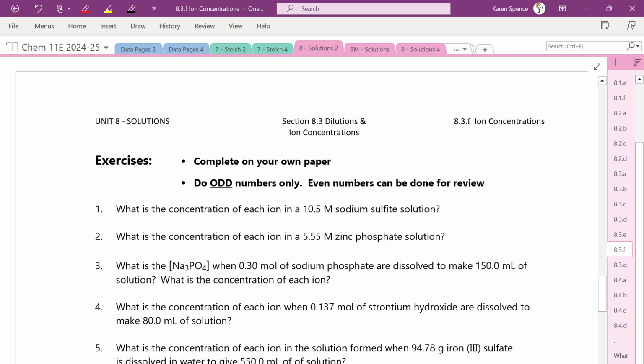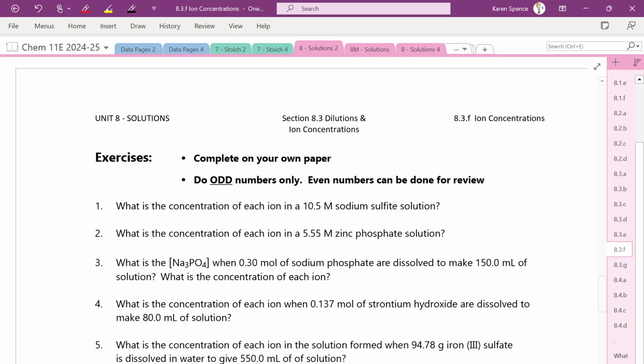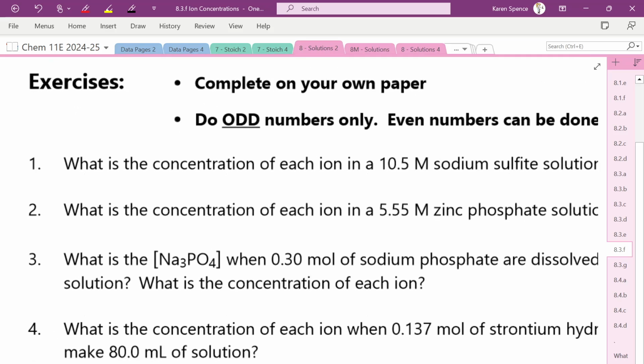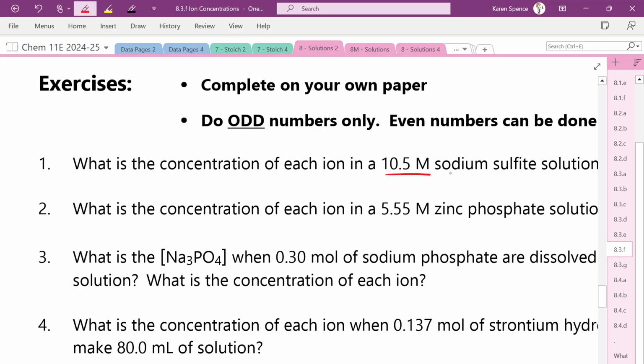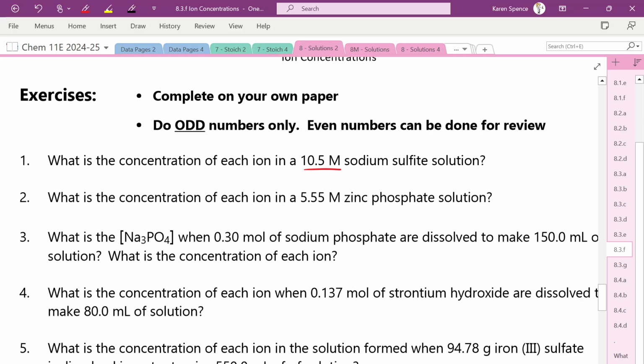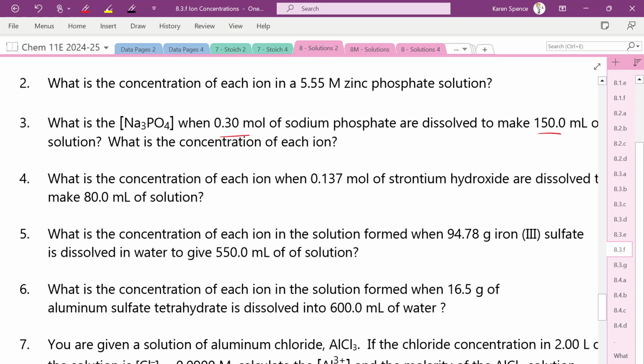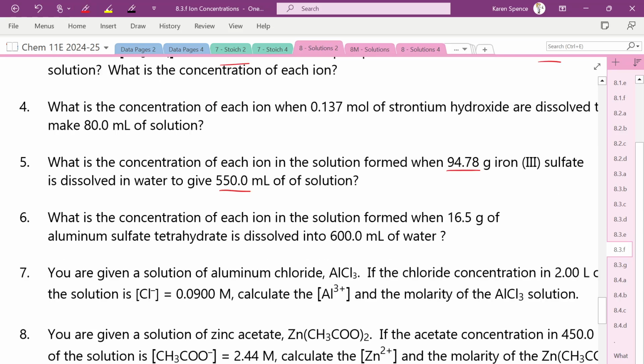There are some exercises here. We start off easy by giving you the molarity. In number 3, we give you moles and milliliters and ask you to find each ion. In number 5, we give you grams and milliliters and ask you to find each ion.